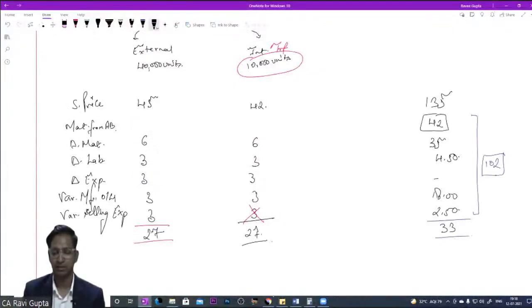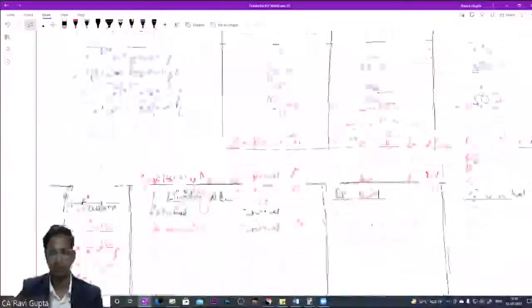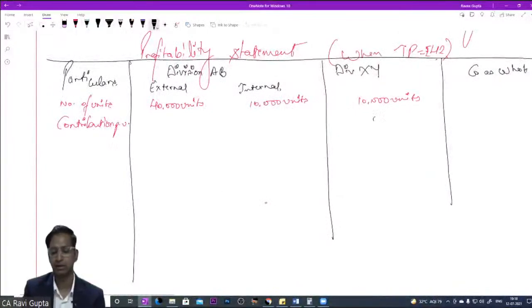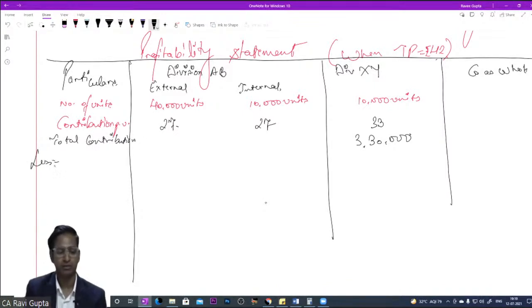This part is really simple. You can write 33, 3,30,000 as a total contribution, and 27 rupees per unit for the others. And yes, we need to reduce our fixed overheads.